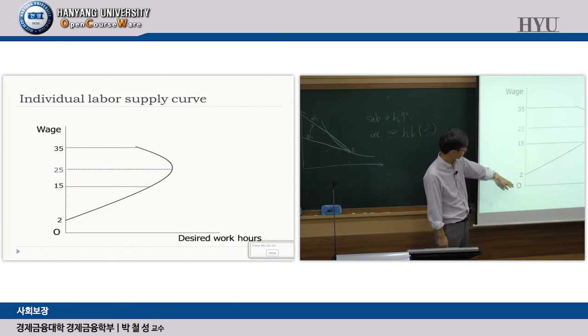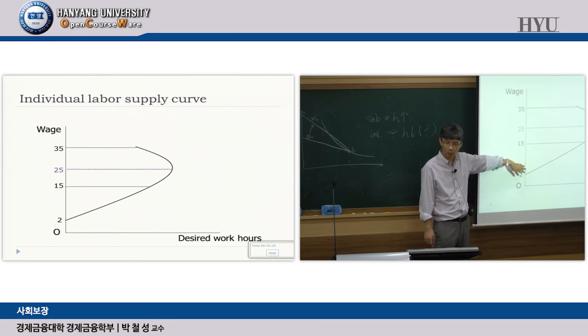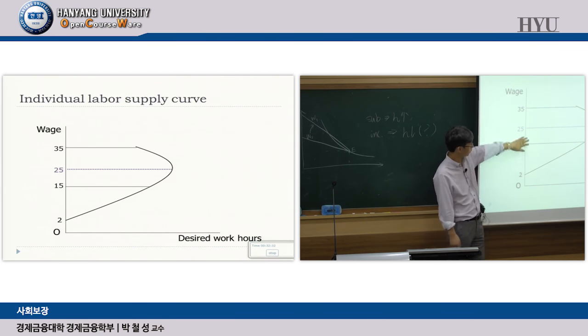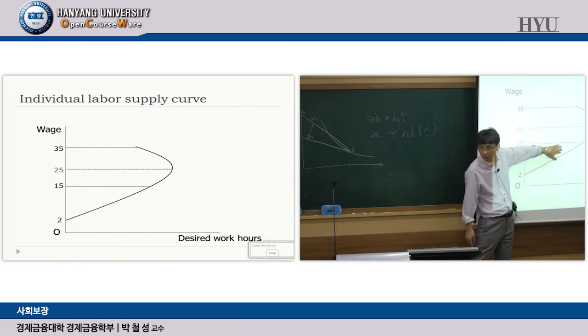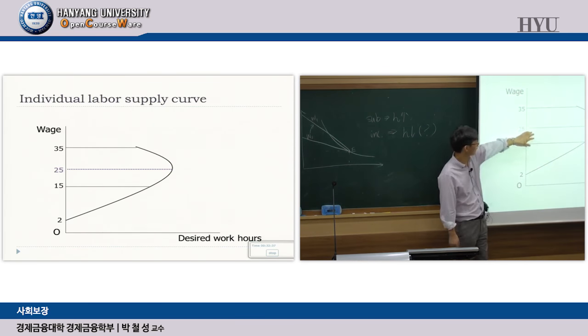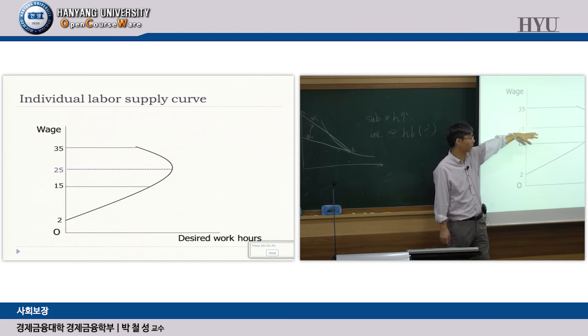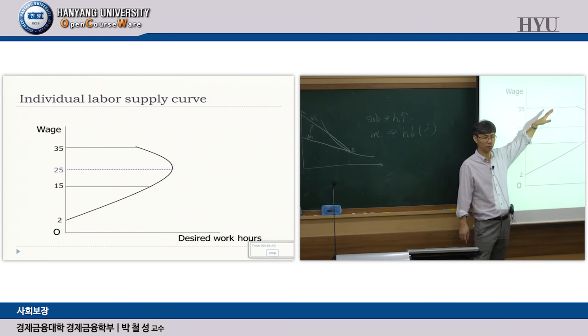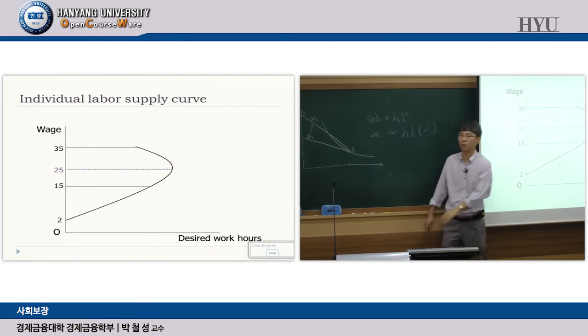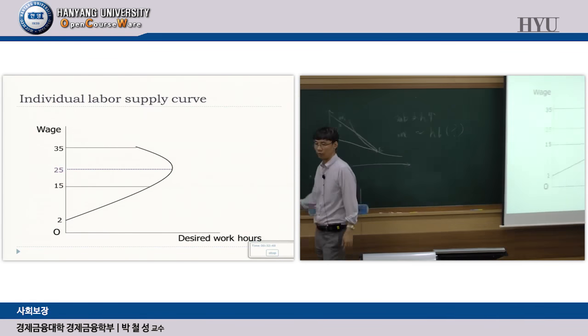Let's say the individual's reservation wage is $2: below $2, zero hours, and above $2, this individual is going to work. At first, the substitution effect dominates the income effect, so when the wage goes up, desired work hours increase. And at $25 and above, the income effect dominates the substitution effect, so hours decrease. So this is a typical shape of an individual labor supply curve.